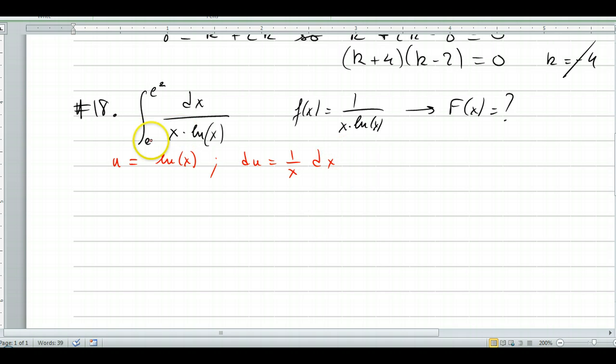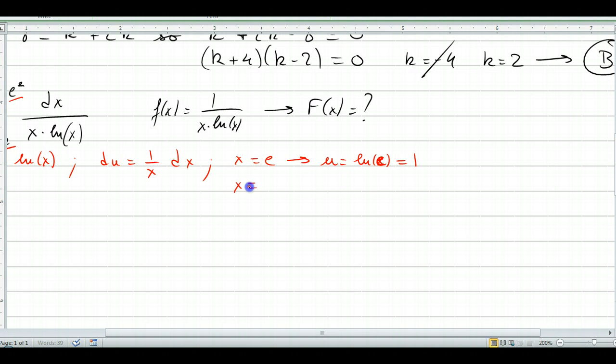This is a definite integral, therefore you have to substitute the boundaries too. So if x is e, what is u? It's ln e, which is 1. And if x is e squared, what is u? U is ln of e squared, which is 2.